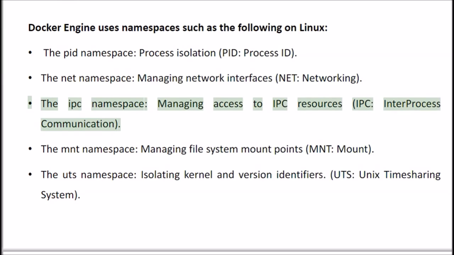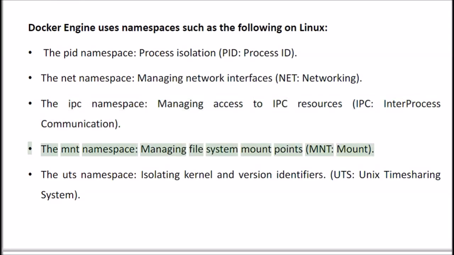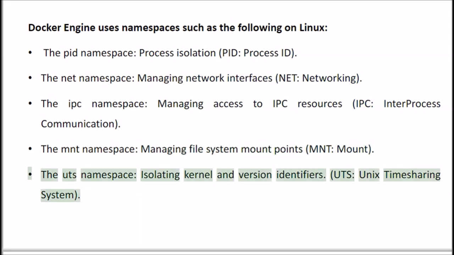The IPC namespace: managing access to IPC resources, IPC, inter-process communication. The MNT namespace: managing file system mount points, MNT, mount. The UTS namespace: isolating kernel and version identifiers, UTS, Unix Time-sharing System.